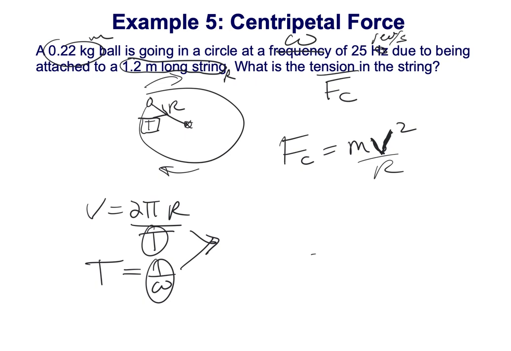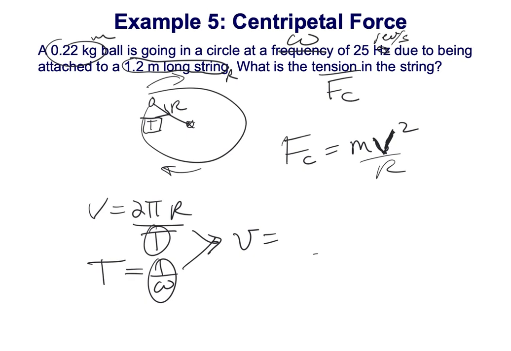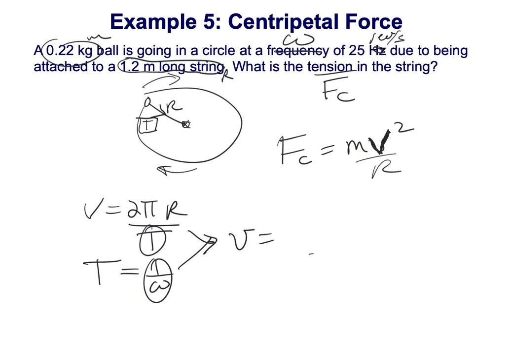And so I'm going to get v equals 2 pi r over 1 over omega.